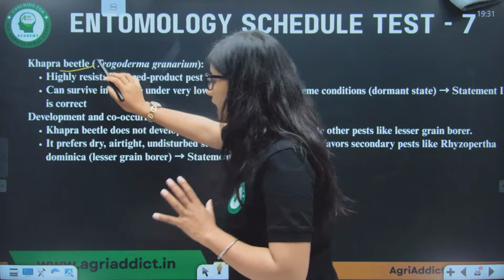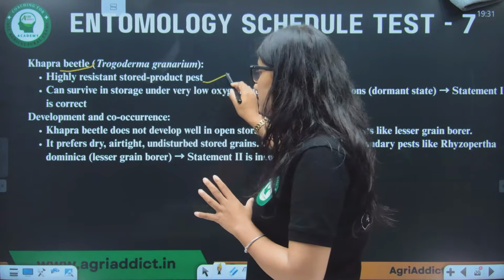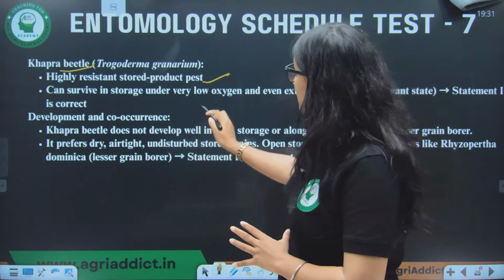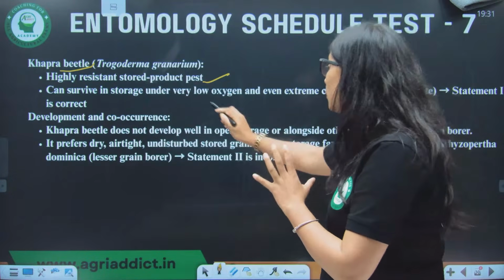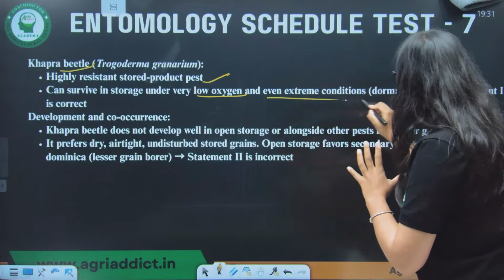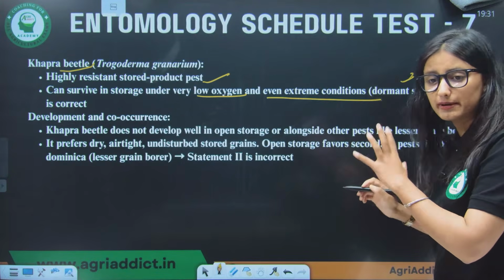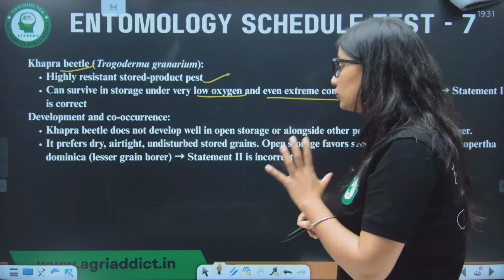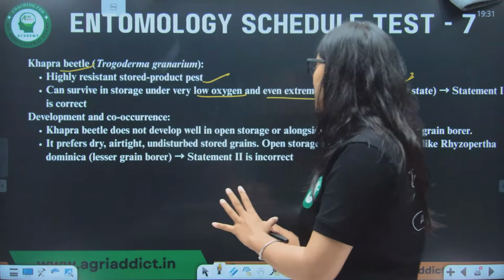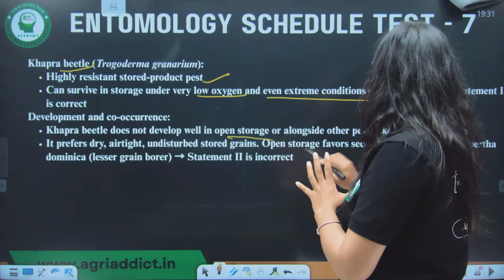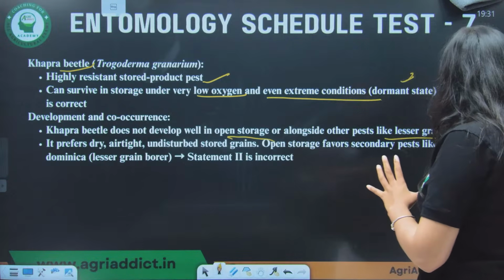What about Khapra beetle? It is a highly resistant stored product pest, can survive extreme conditions like low oxygen and in dormant state. So statement 1 is correct. What about statement 2? Khapra beetle does not develop well in open storage, just like lesser grain borer.